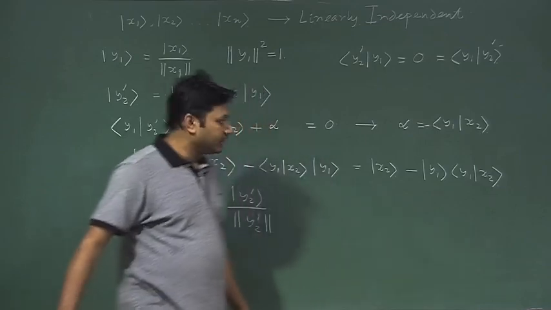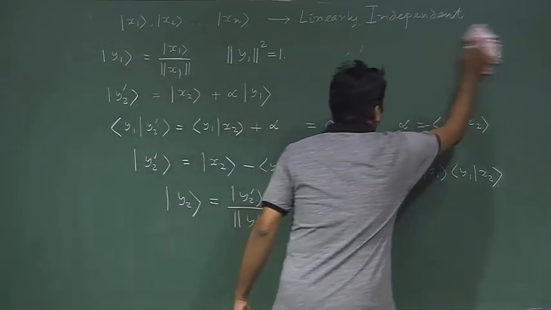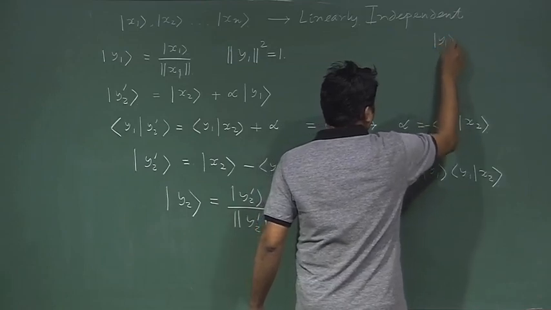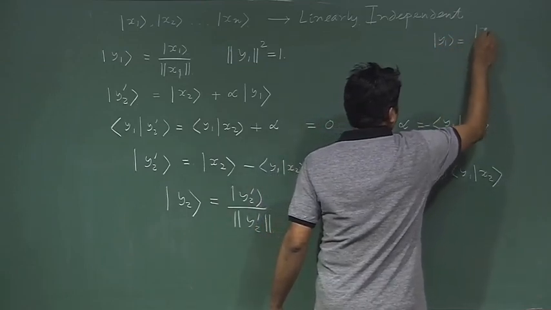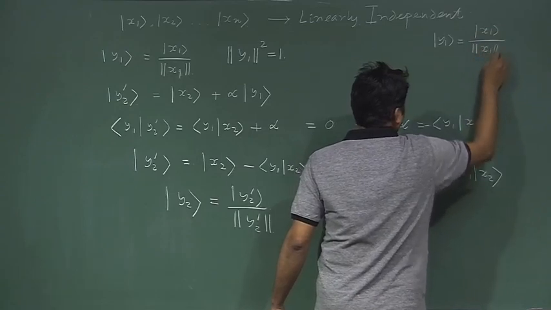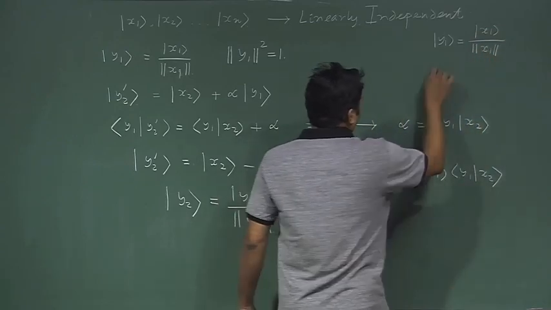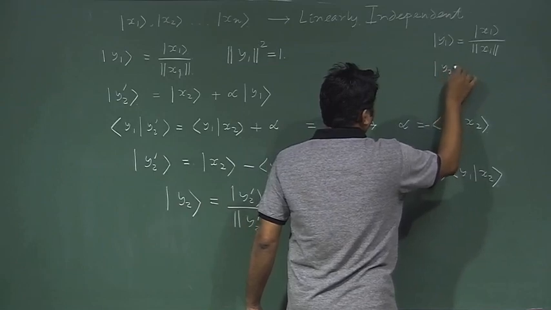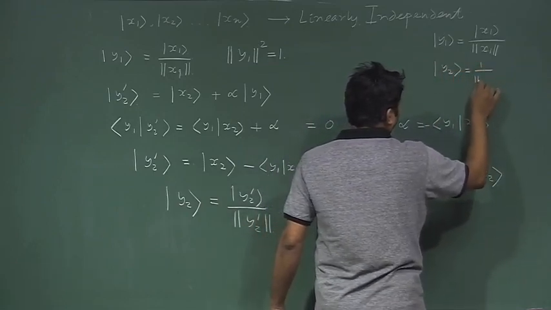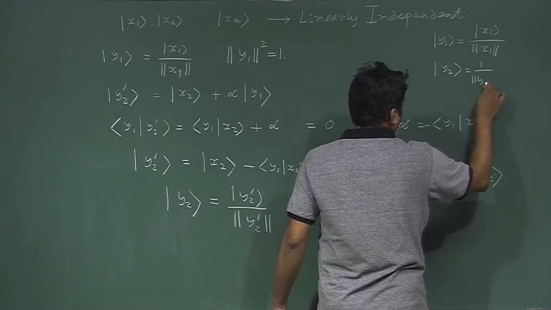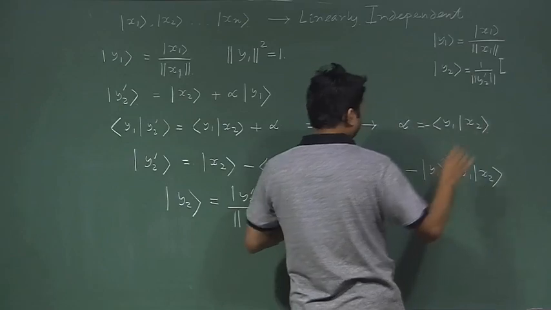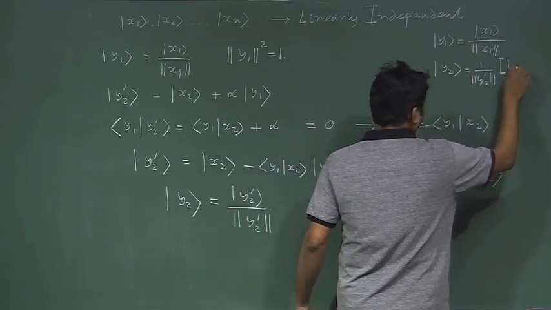So, let me write somewhere the values I am getting. My y1 I am getting like this, my y2 is 1 divided by the norm of y2 prime multiplied by this quantity, which is nothing but y2 prime.